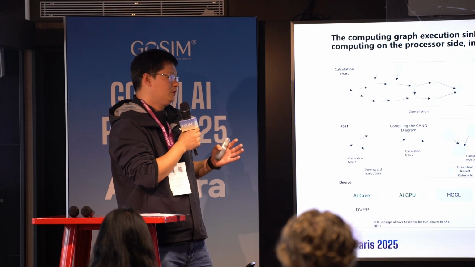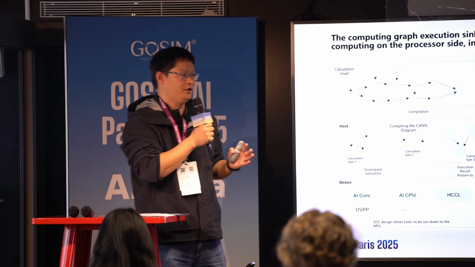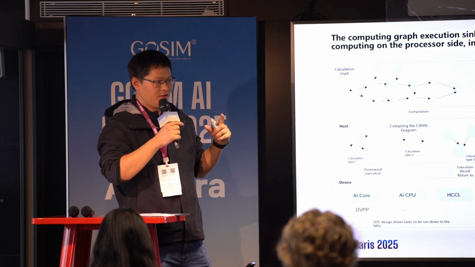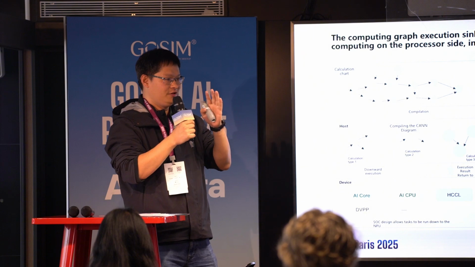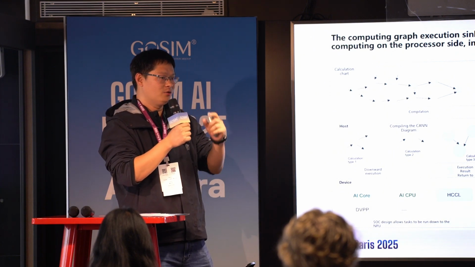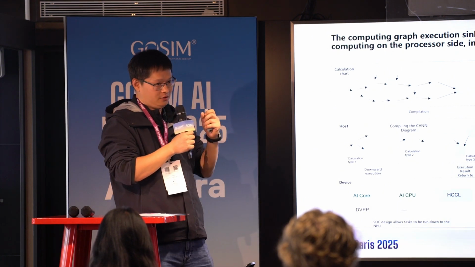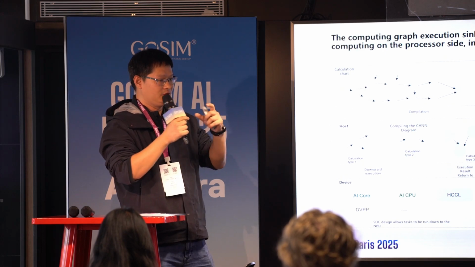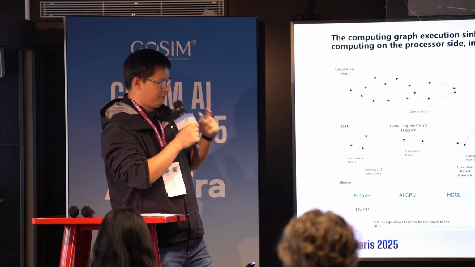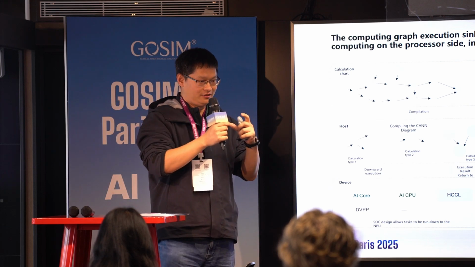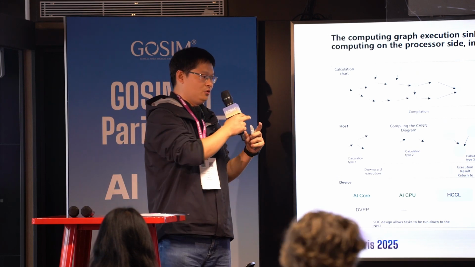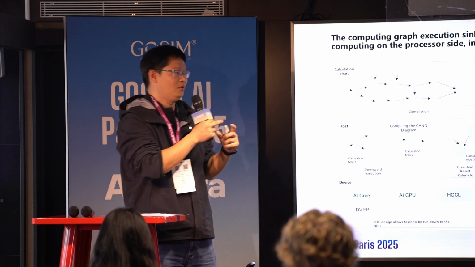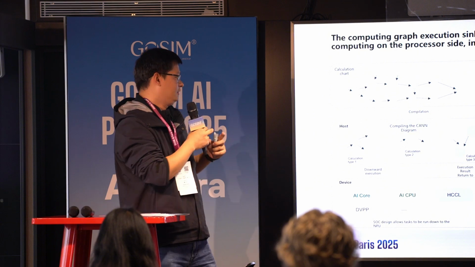If we take the whole graph of the model, and there are some operators in the graph that can't be generated into a graph, we can split the whole graph into several pieces.